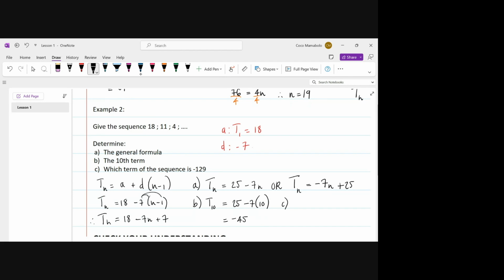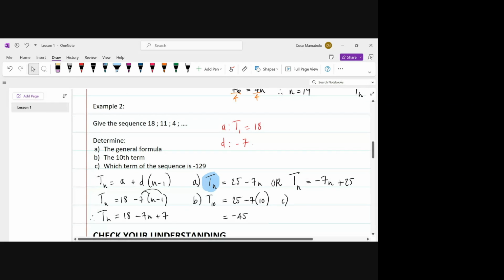So where are you going to put -129? I will put it on the side where Tn is, and then I'll say the whole of Tn with -129. Good. So tell me what to write. Tn equals -129, and then equals 25 minus 7n.